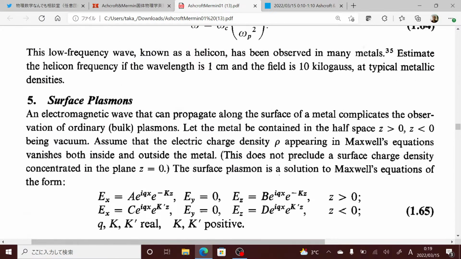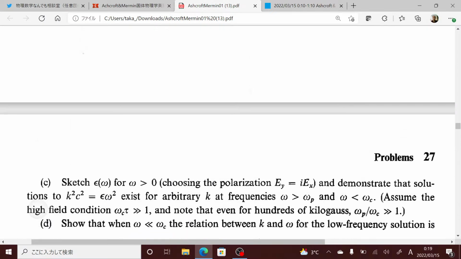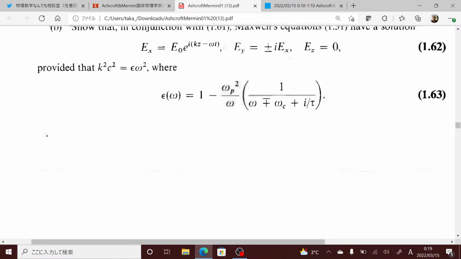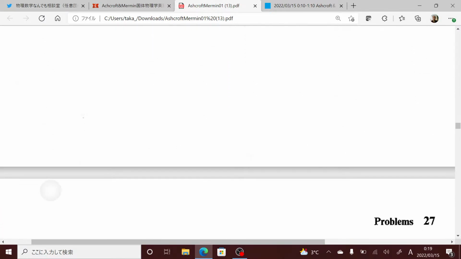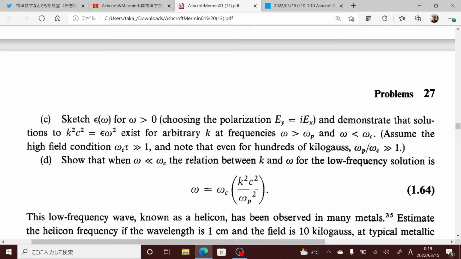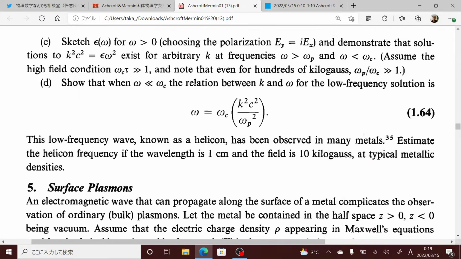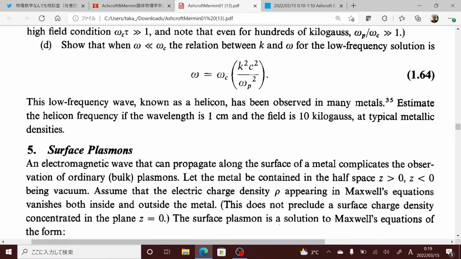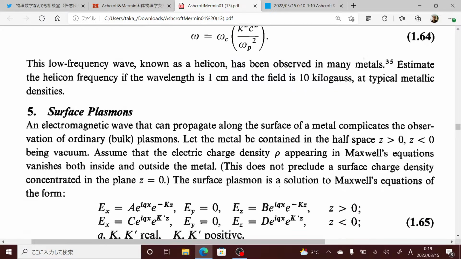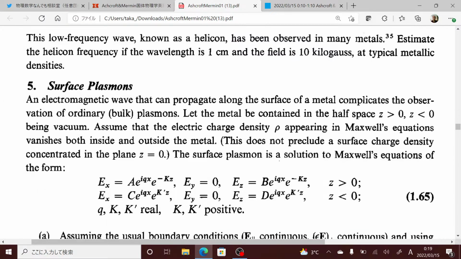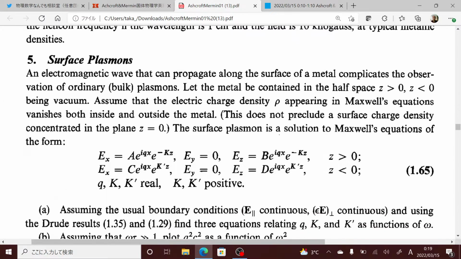But I remember that this type of problem, number 4 and number 5, if I find a good textbook dealing with these topics in more depth, then I will try to introduce those whenever I find such materials.